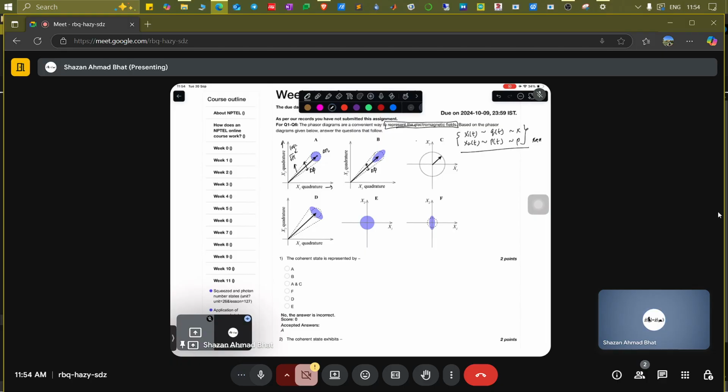But here, you have a perfect circle which is centered around the origin. You don't have any shaded region. What does it mean? It basically represents something called a photon number state.